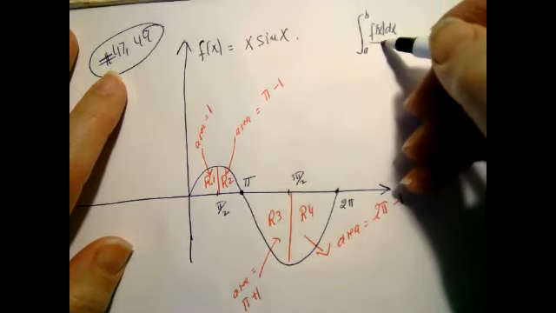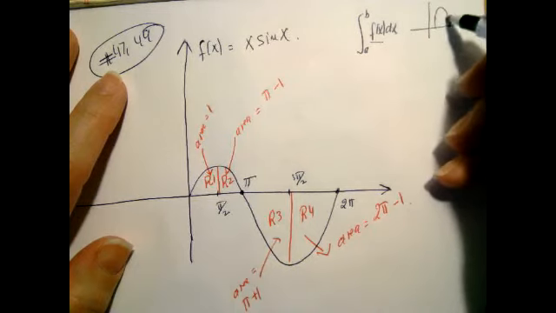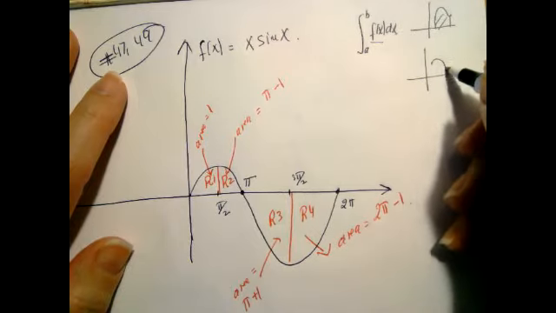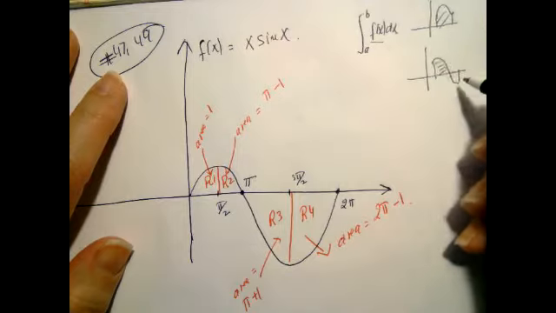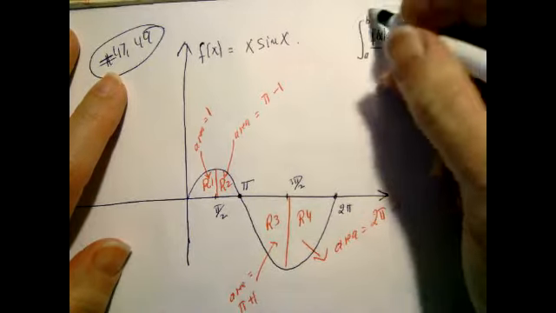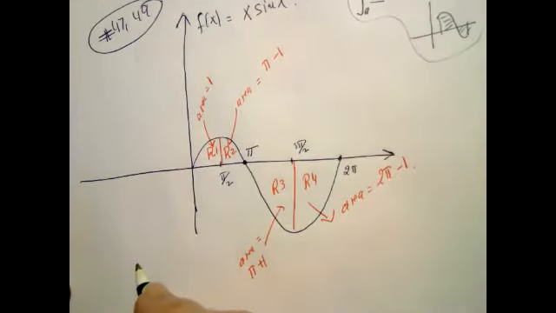If f is positive, it gives me the area under the graph. If it is positive sometimes, negative sometimes, it is the area above the x-axis minus the area below the x-axis. And that's really the interpretation that we are going to use in this problem. So let us get going.